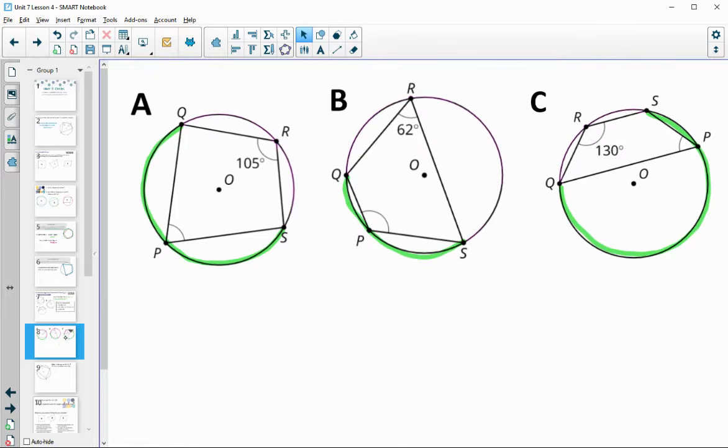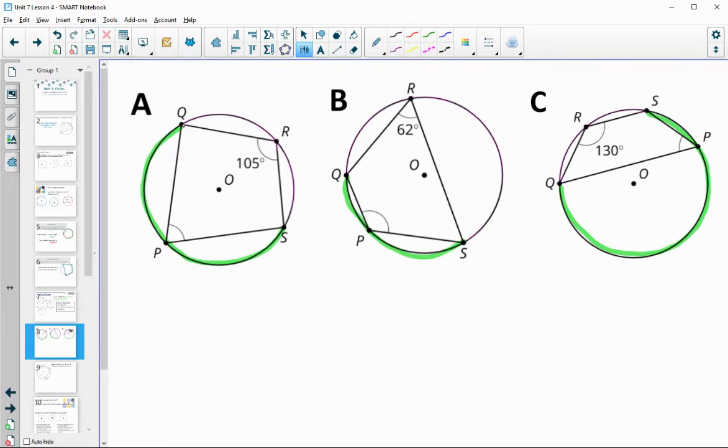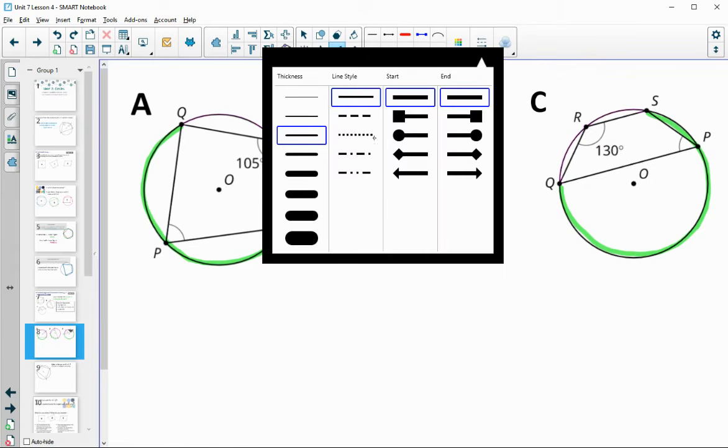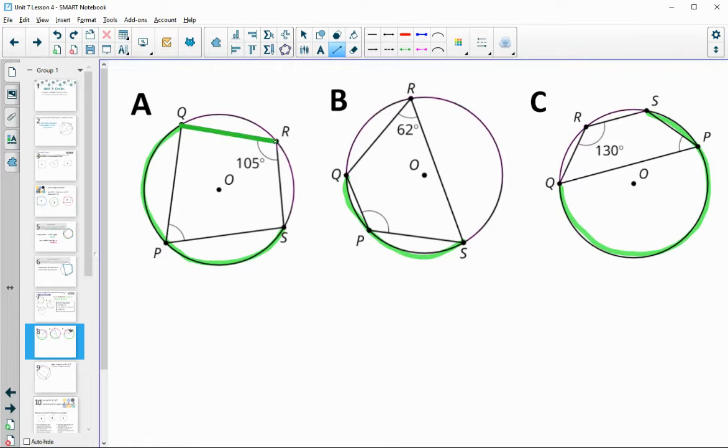All right, so here is if we highlighted each of those arcs. Let's go ahead and find the measure of each of these arcs. Hopefully you see them connected to this angle. Let me just draw this with an actual segment here. We see that the end point of this arc goes into this inscribed angle here.